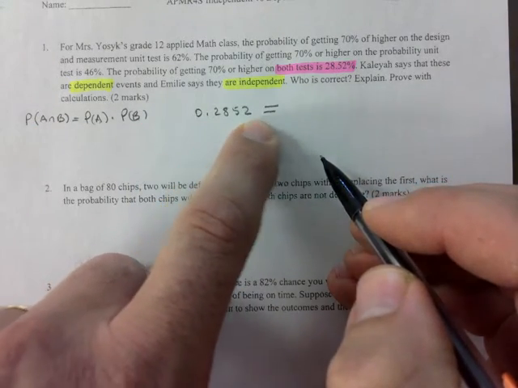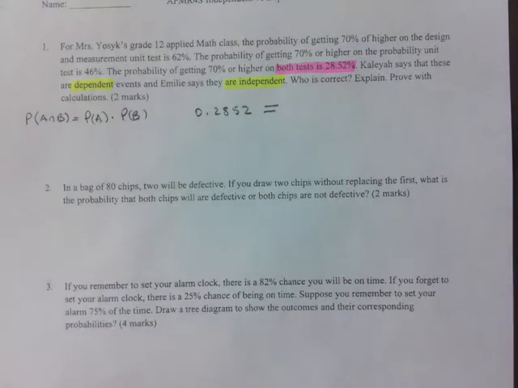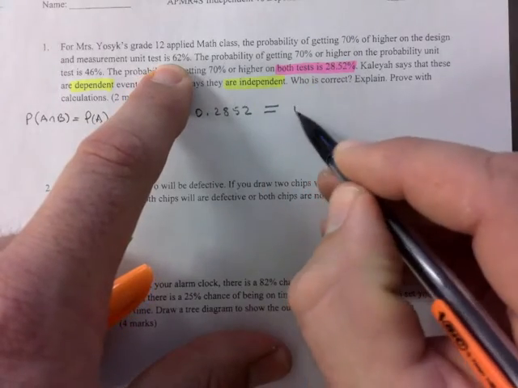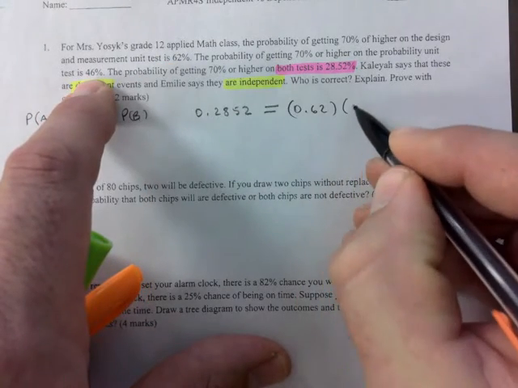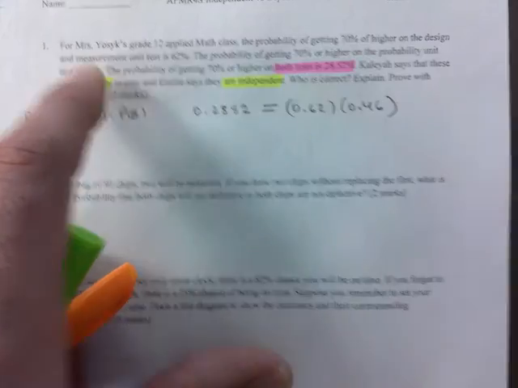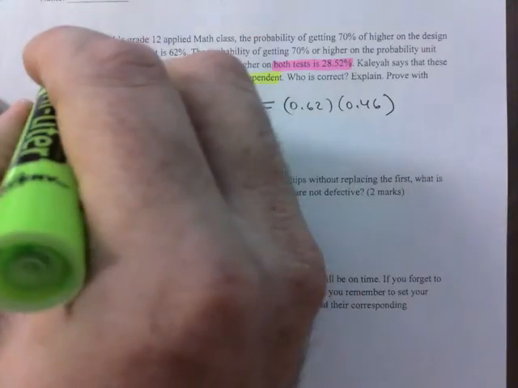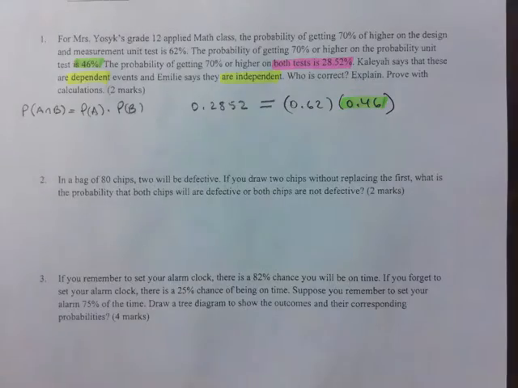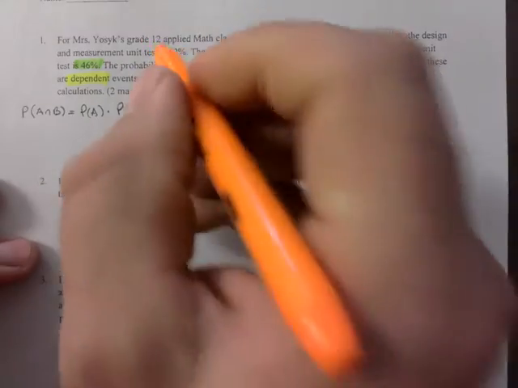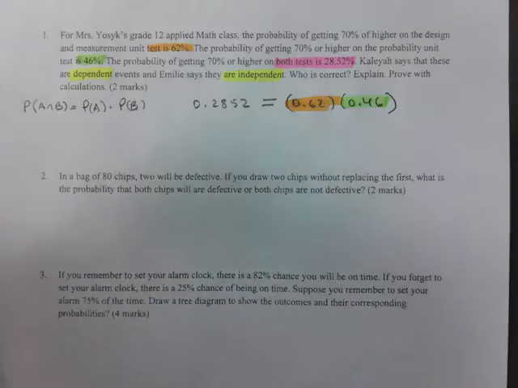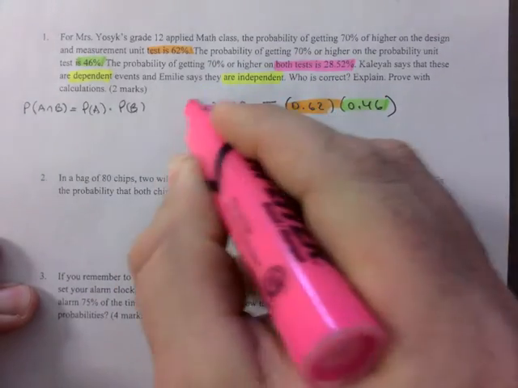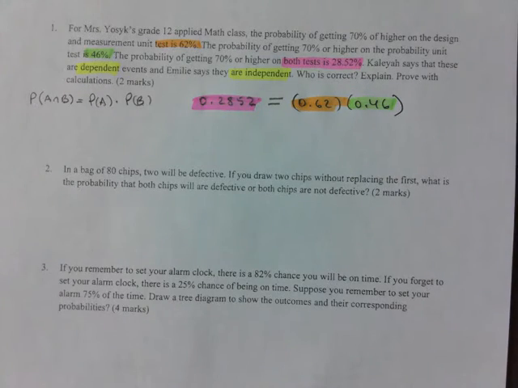I put it on the left-hand side, and on the right-hand side, I'm going to figure out the probability of the first event is 0.62, and the probability of the second event is 0.46. 0.46 right there, and 0.62 is right there. So I'm checking to see if the left-hand side is equal to the right-hand side.